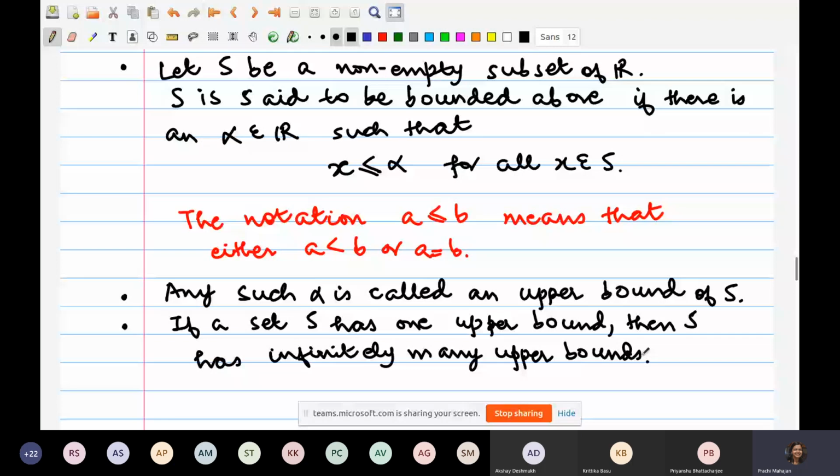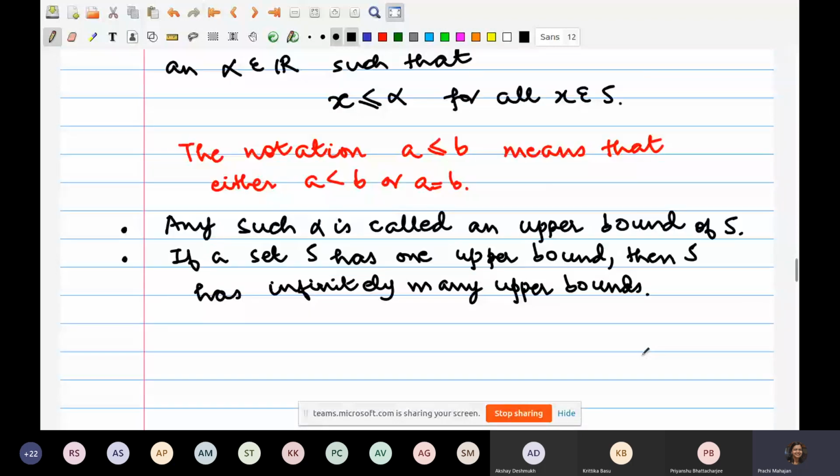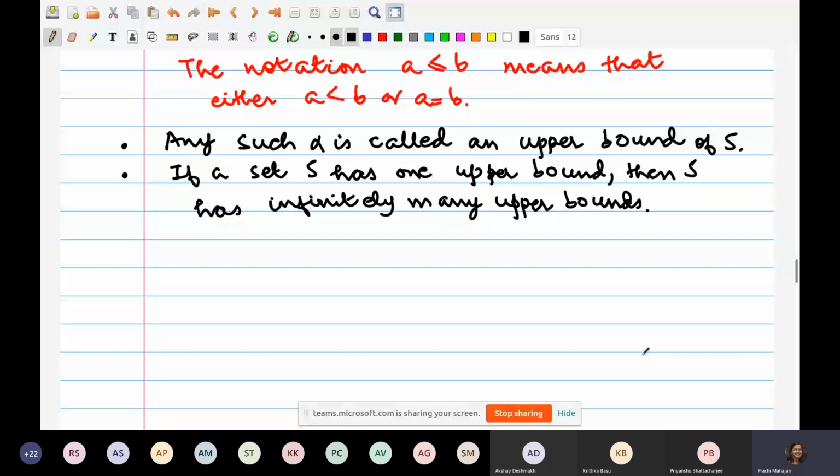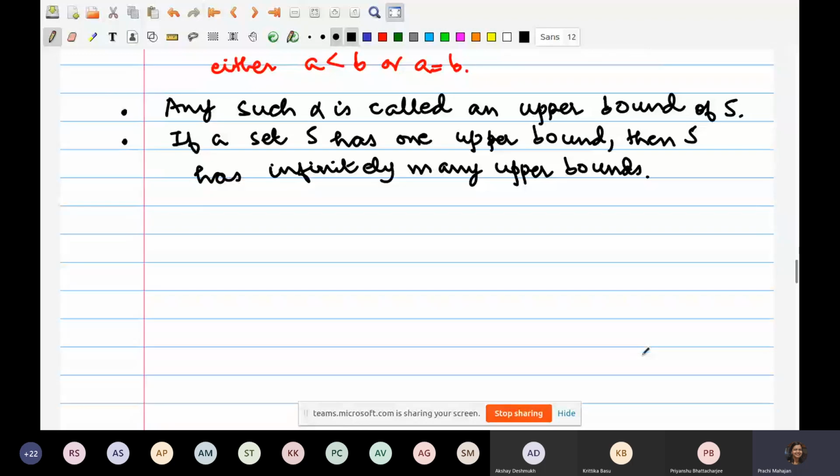Let's see the next definition. Likewise, when do we define a set to be bounded below? Let me write it for the benefit of those seeing this for the first time.